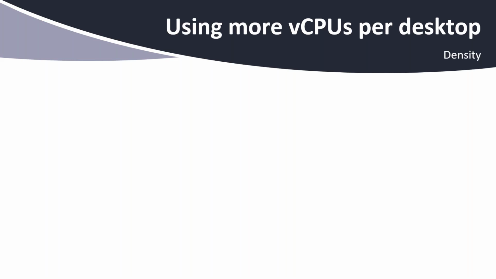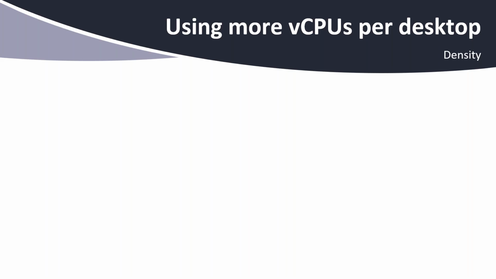All right. Thanks. So what if you add more vCPUs per desktop? Most of the time I select 2 virtual CPUs for most workloads. So 2 vCPUs, 60 GB machine is most of the time a golden rule to start with.